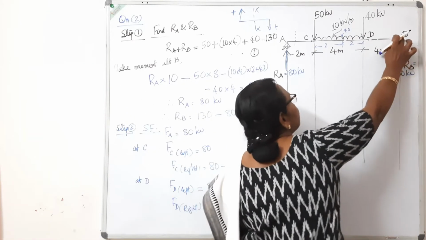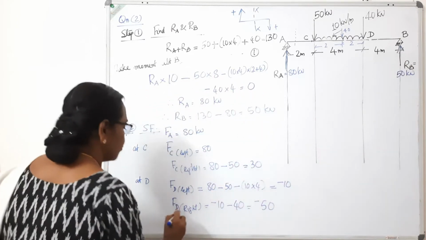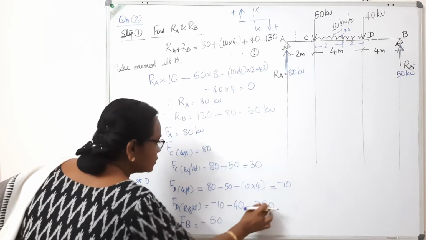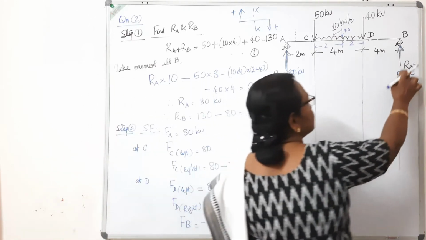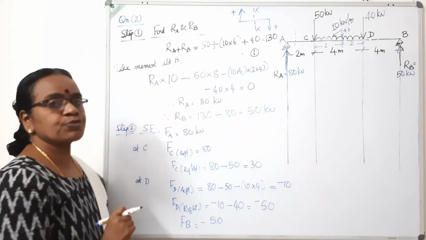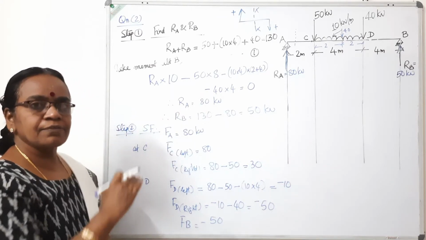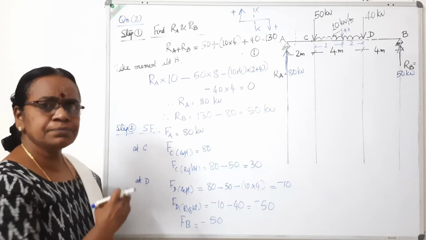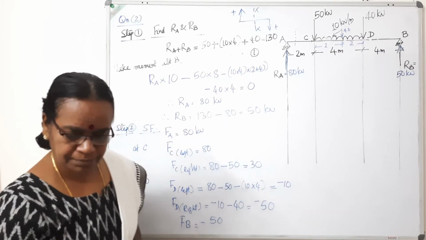So when you come to FB, shear force at B is minus 50, the same value. See, the reaction is 50. So if you compute the reactions from the shear force from one end to the other, you will arrive at the support reaction there.